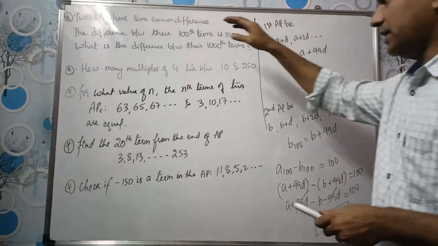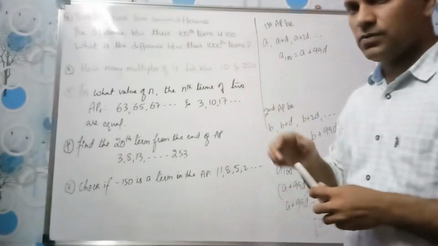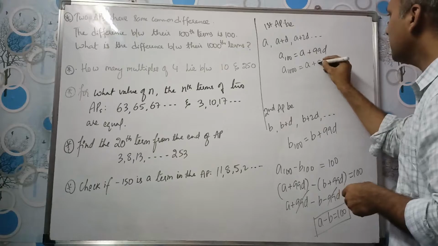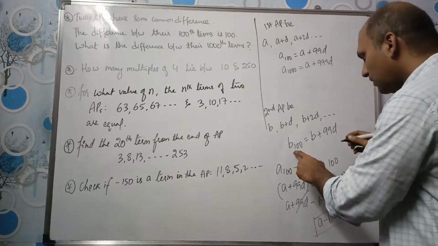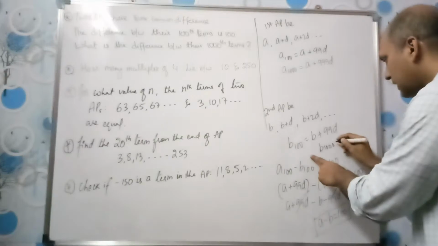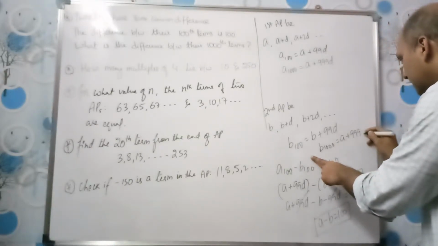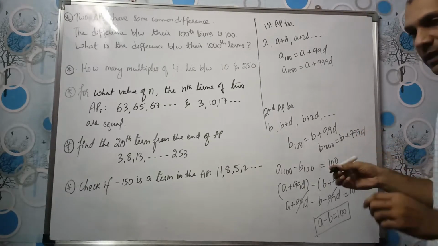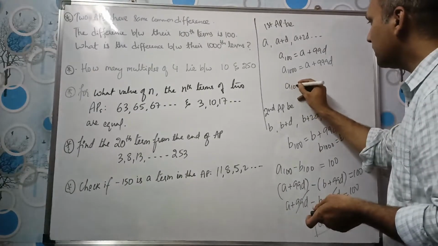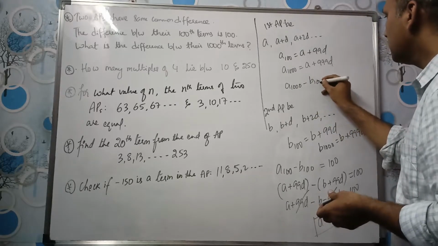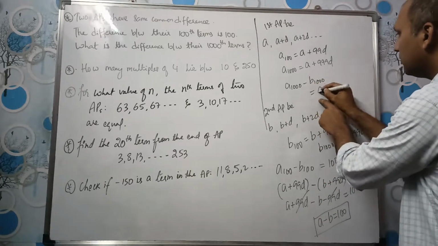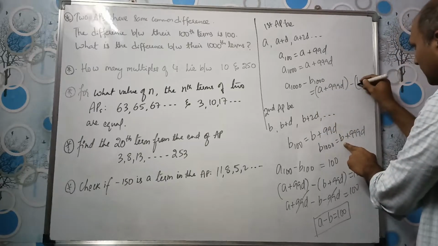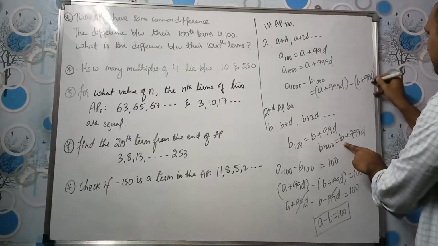Alright. What is the difference between the 1000th terms? What is the 1000th term here? A1000 will be A plus 999D. What will be the 1000th term here? B1000 will be B plus 999D, right? We need to find its difference. That means we need to find A1000 minus B1000. So A plus 999D minus B plus 999D.